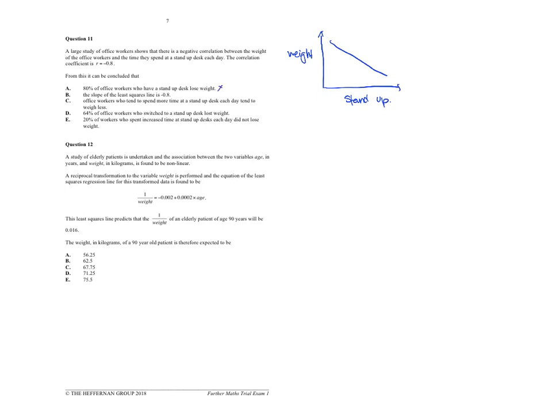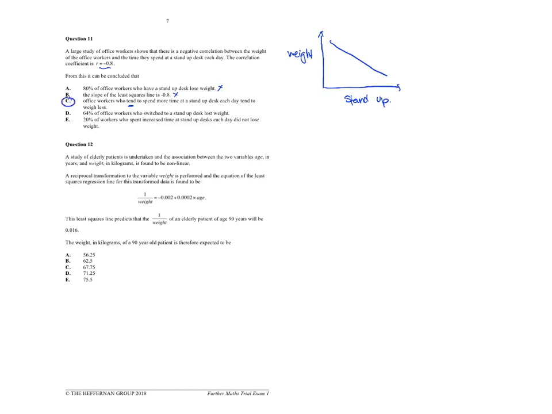That's just wrong. It's a gross overclaim. The slope is not -0.8. They're telling me the R value, so that was just the strength. Now, this one, office workers who tend to spend more time at a stand-up desk each day tend to weigh less. Because they're using that word tend, I like it because that's what the trend is showing.